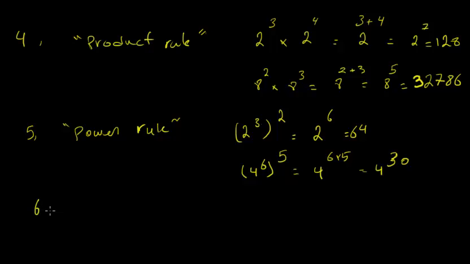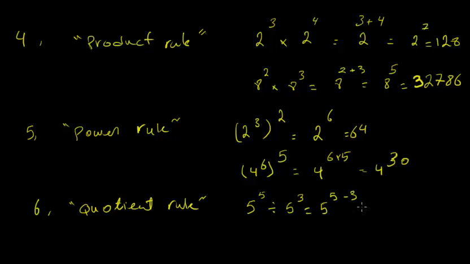So you have rule number 6, which is the quotient rule. The quotient rule says that we can divide two powers with the same base by subtracting the exponents. Let's say you have 5 to the 5th power divided by 5 to the 3rd power. You write it 5 to the 5 minus 3, which is 5 to the second power.